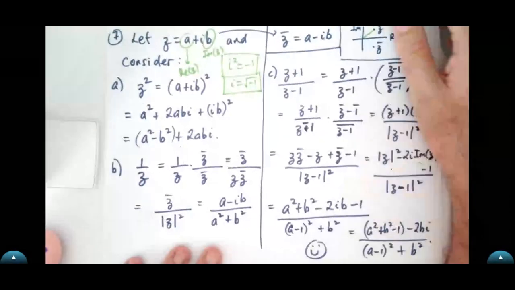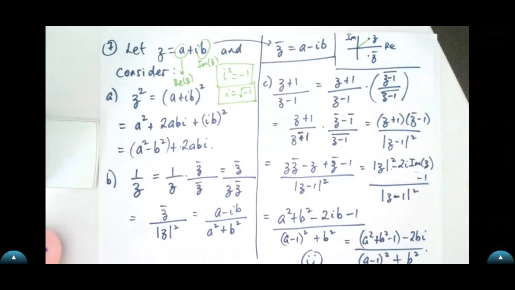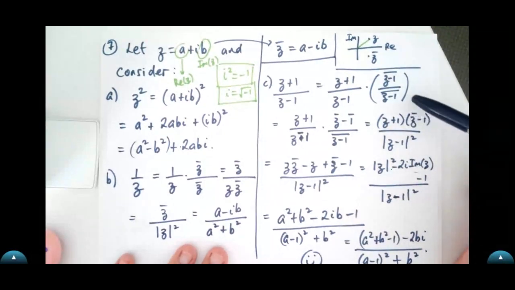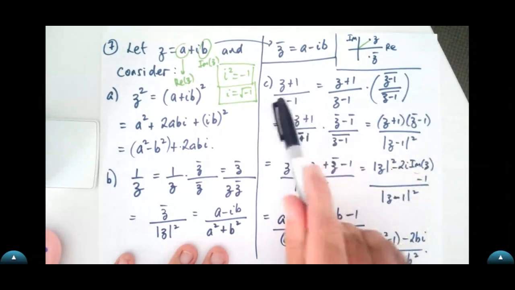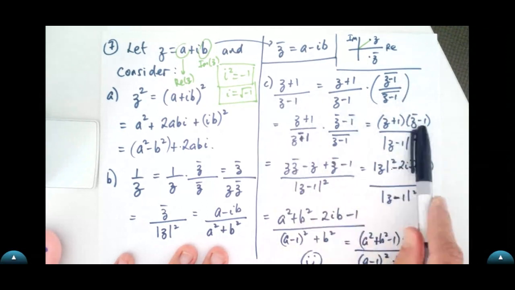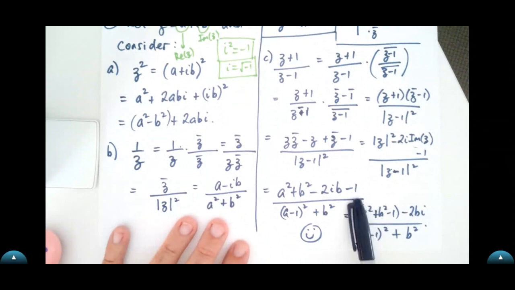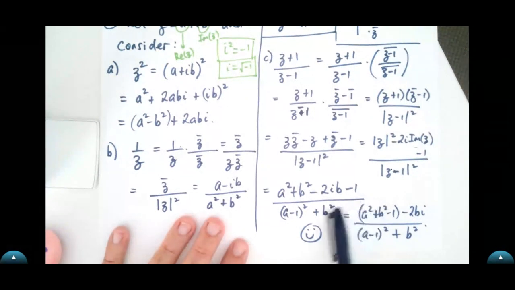Zia, question in the chat. Can I confirm that the -1 only applies to that A in the denominator in part C because it is a real number? So which line are we talking about here, Zia? First line, second line, third line, fourth line? In the denominator.